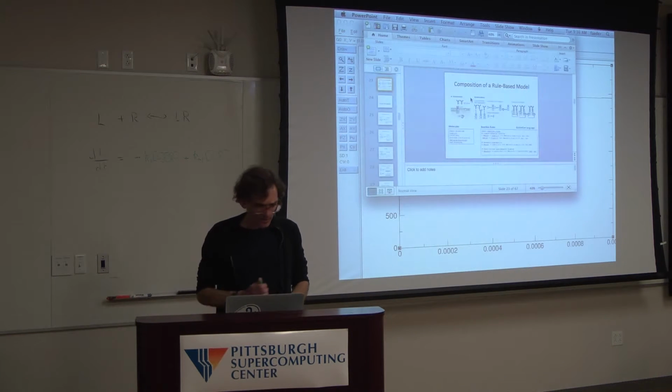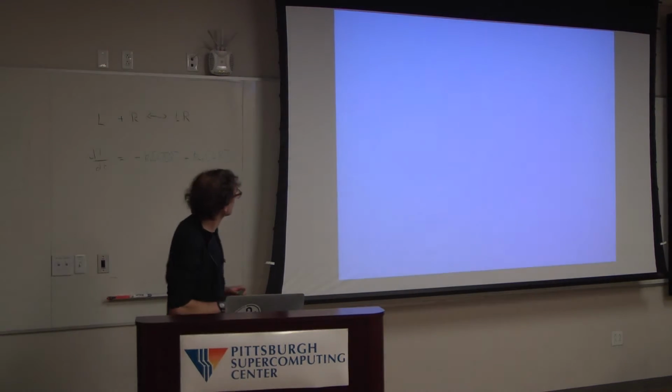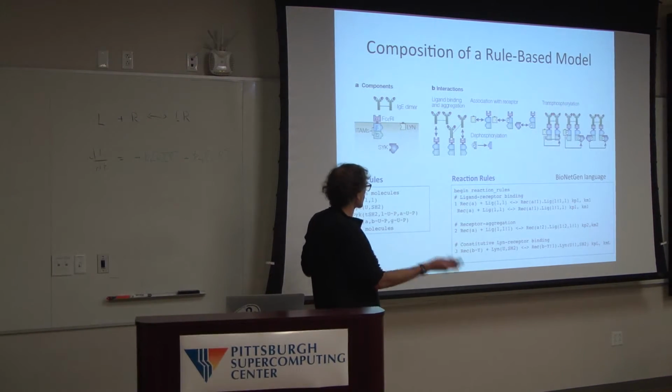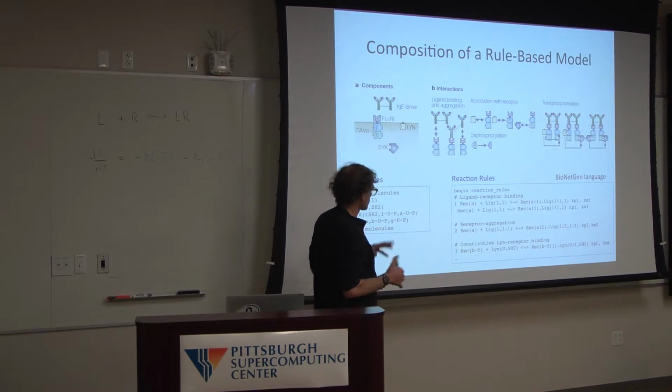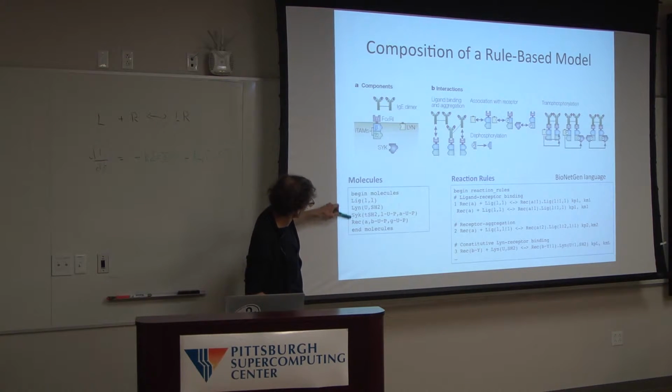So let me finish this component by saying that overall, the key ingredients of a rule-based model are these two things. The molecules, which define the different proteins or other signaling components that I have in my system in some structured way.